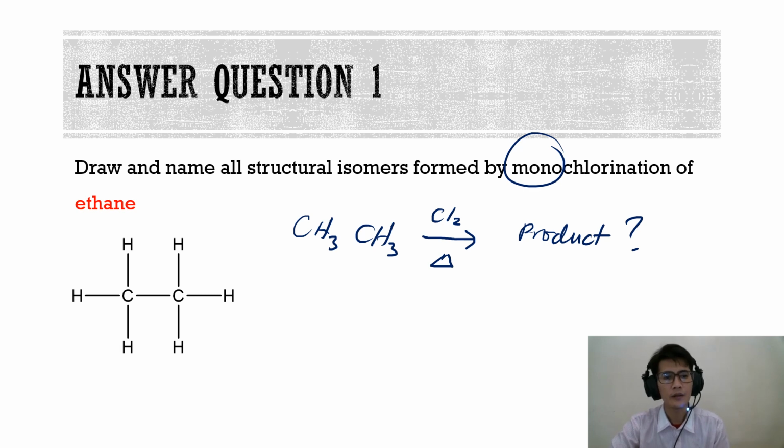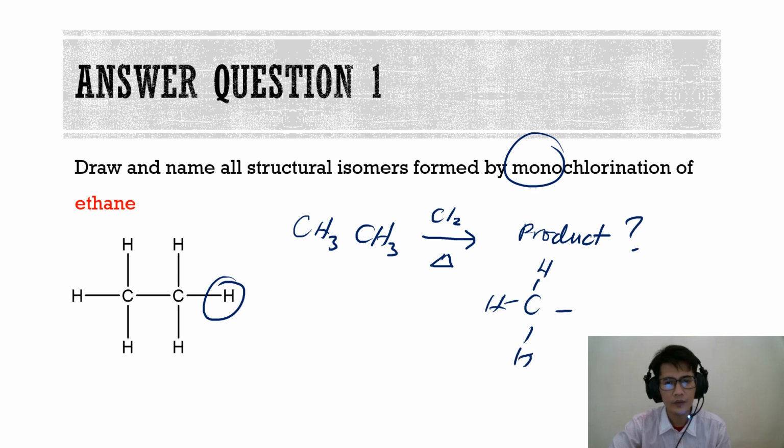So let's say you replace this hydrogen atom, so you will produce CH3CH2Cl. Okay, and this haloalkane is 1-chloroethane.